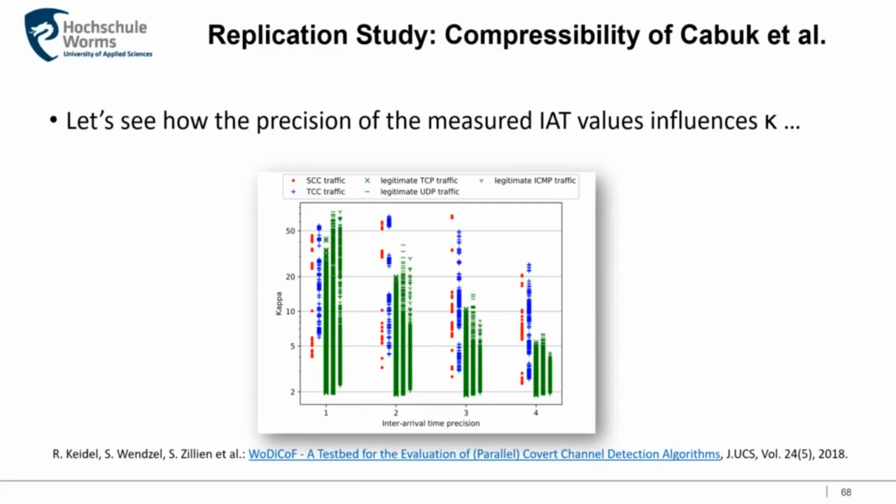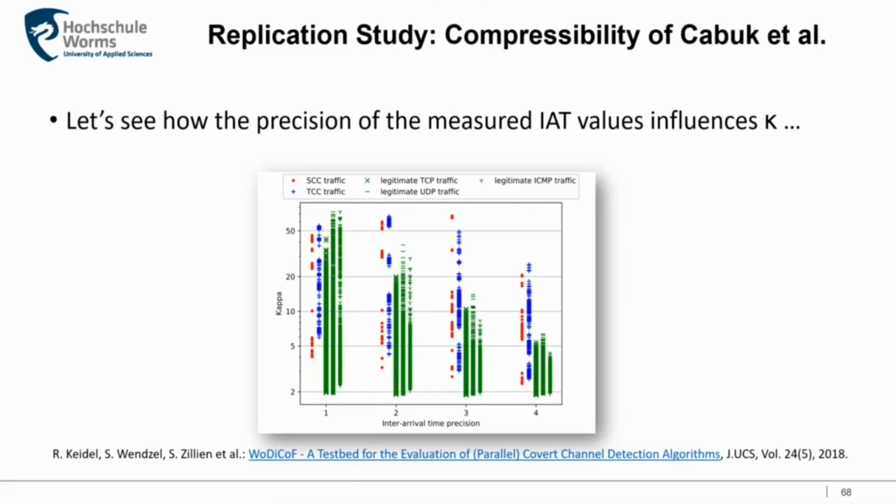We did what was described in the literature, but we extended the parameters. We replaced compressing algorithms with others and used different network flows. And it turns out for this compressibility score, the green one is legitimate traffic, and the red and blue ones are different types of covert traffic.